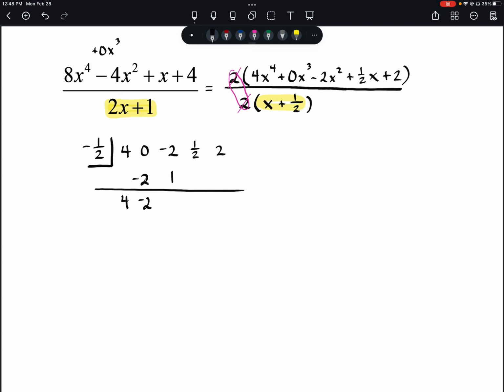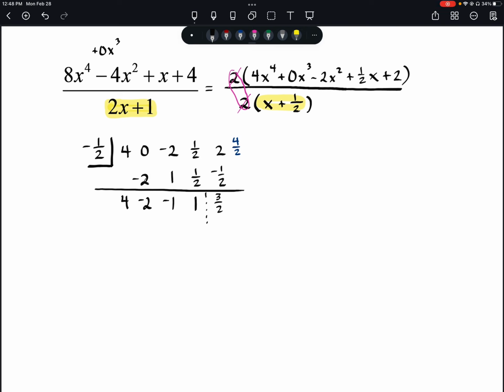This would be 1, which gives us negative 1. Negative 1 times negative 1/2 is positive 1/2, which gets us a nice clean 1 right there. And then 1 times negative 1/2 gets us a negative 1/2 here. So if we just think of this as 4 over 2 plus negative 1 over 2, we should get 3 over 2 down here.